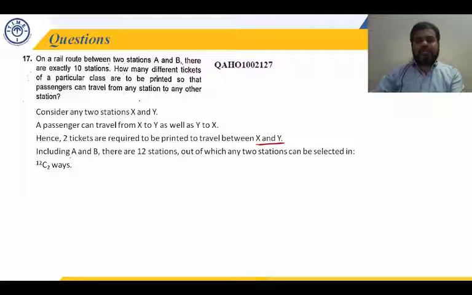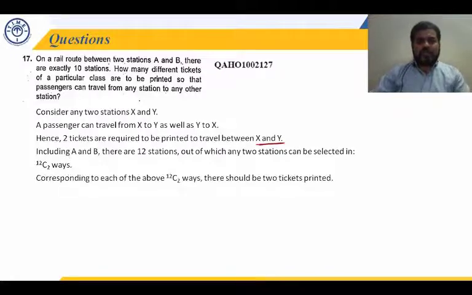And corresponding to every selection of 2 stations, you will need 2 tickets to be printed, because a person can travel from one station to the second one, or he can travel from the second station to the first one, right? So for to and fro, you will need 2 different tickets. One ticket for to and one ticket for fro. So there should be 2 tickets printed for every 12C2 selection of 2 stations.